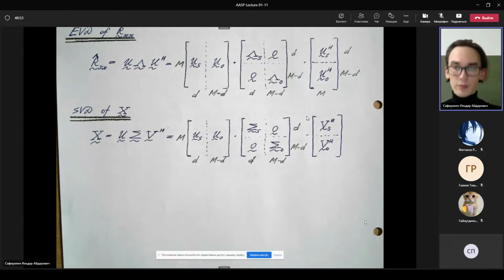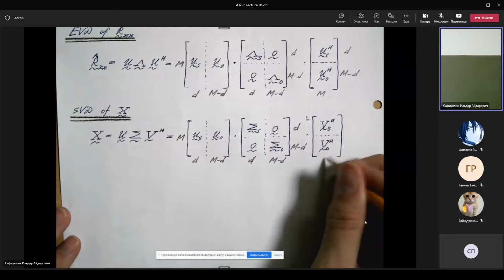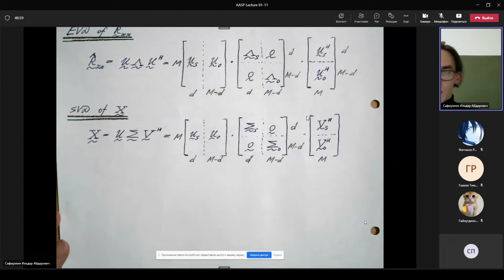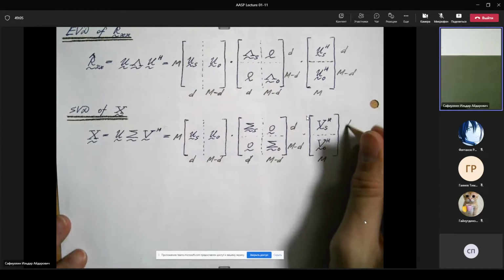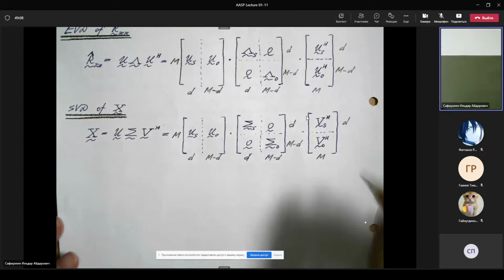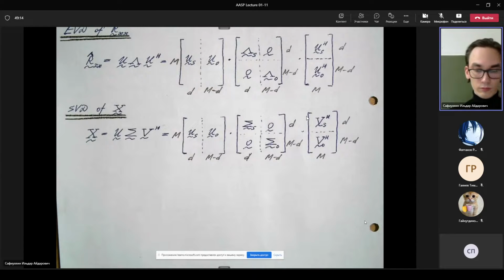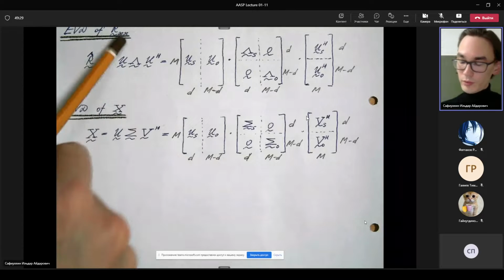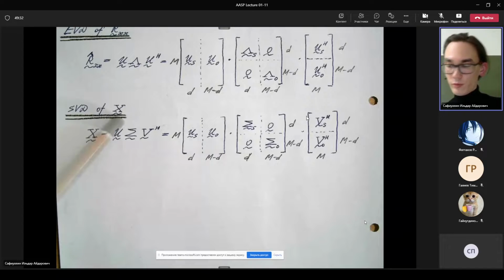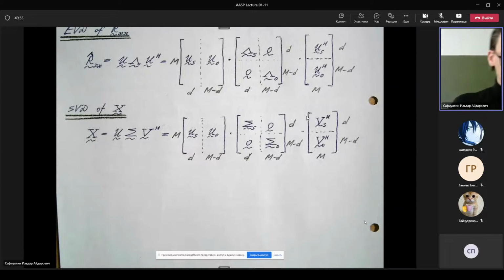Overall number of columns is equal to m. Number of rows for V of S Hermitian is d, and V of 0 Hermitian is m minus d. And of course, based on these two equations, we can show the connection between eigenvalue decomposition of this estimate and singular value decomposition of the original measurement vector.